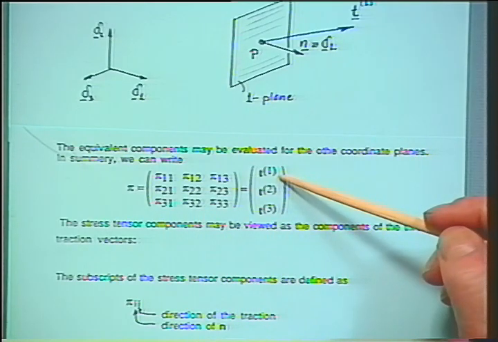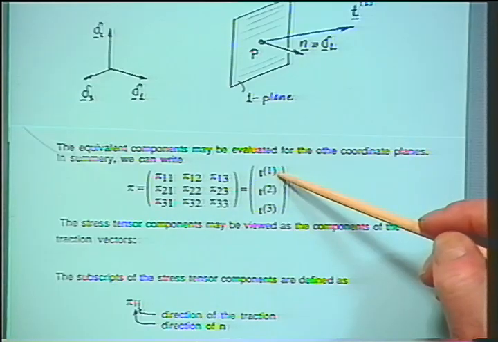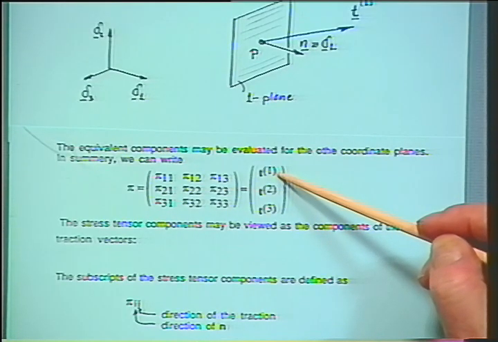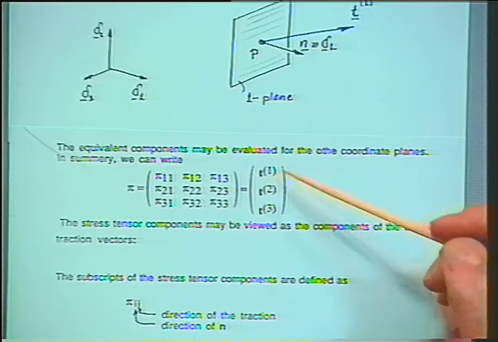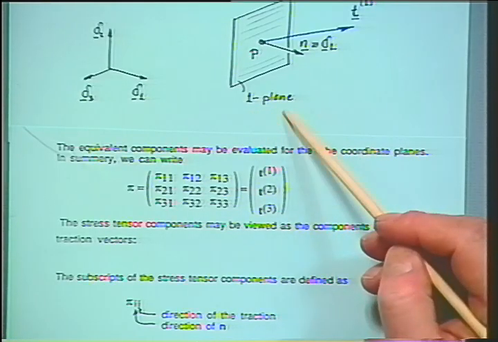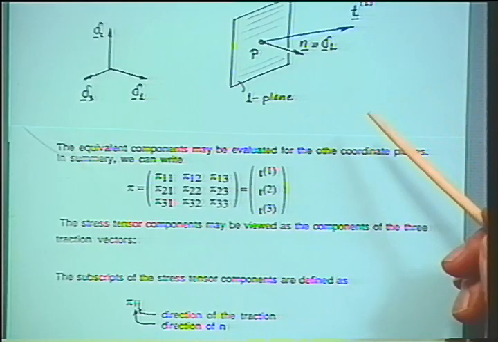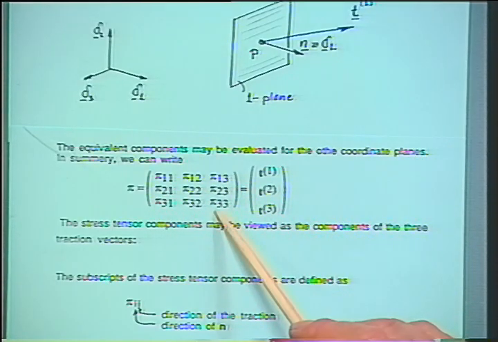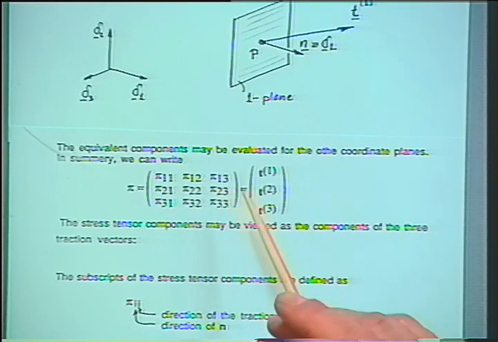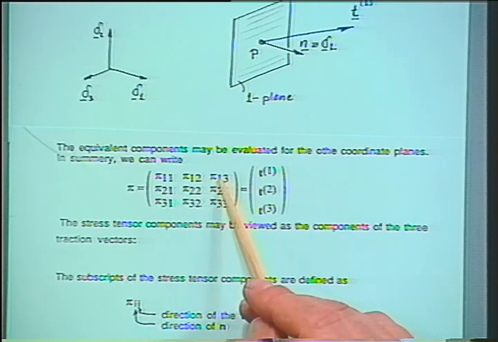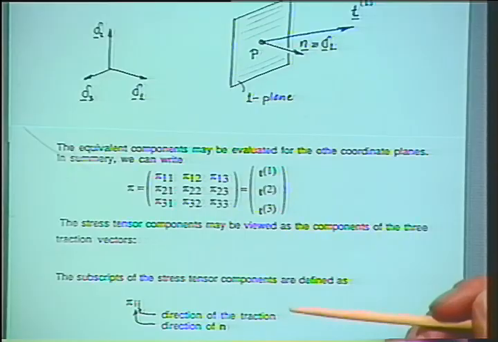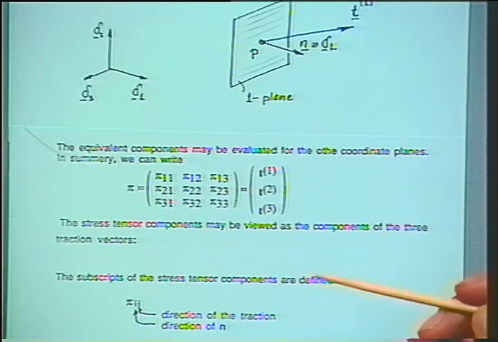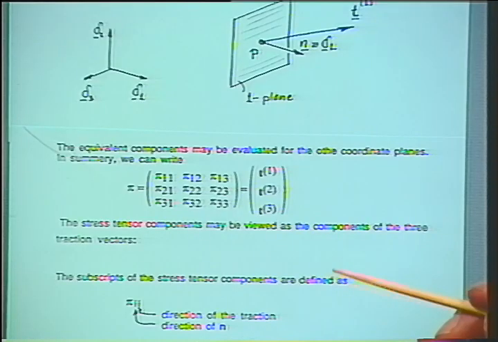So coming back to our previous example where we picked 3 traction vectors to define the stress, if you have the traction vector on a 1 plane, and the traction vector on a 2 plane, and also the one on a 3 plane, you automatically have all the components of the stress tensor without any further work. Right? So the stress tensor components now have a meaning. The first 3 components are associated with a specific traction, and the other ones too. So those components have a physical meaning, and please keep that in mind when working with the stress tensor components.